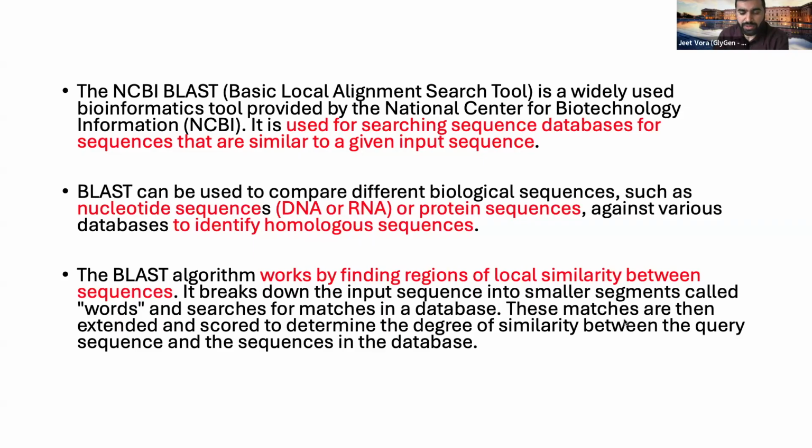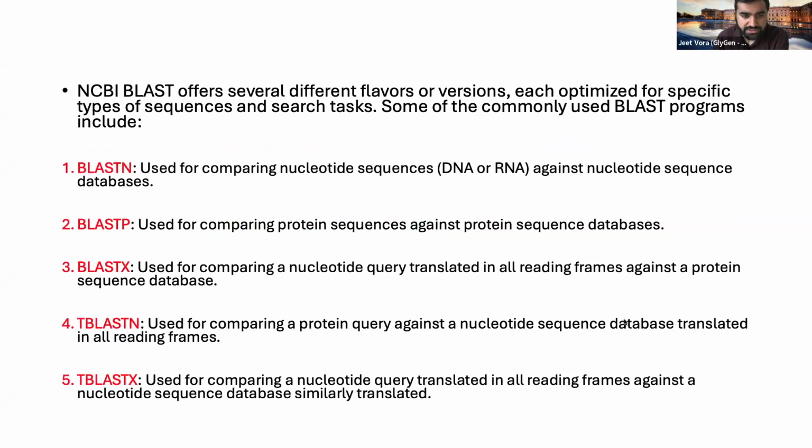Once it finds it, it provides you some information like score, identities, gaps, and all of that, which I'm going to talk about later. And from that, you can see what sequence or what hit found in the database is similar to the query sequence.